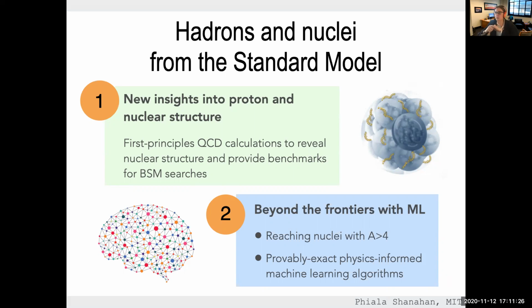But the upshot is that first principles QCD calculations are revealing precisely the structure of protons, neutrons, and even nuclei, both giving us new understanding of the structure of matter from first principles, but also giving us new understanding that we can use to constrain beyond standard model physics searches. And then I talked also about how we can try to use new computational tools to push the barriers of what's possible with the limited computation we have available, particularly through machine learning.